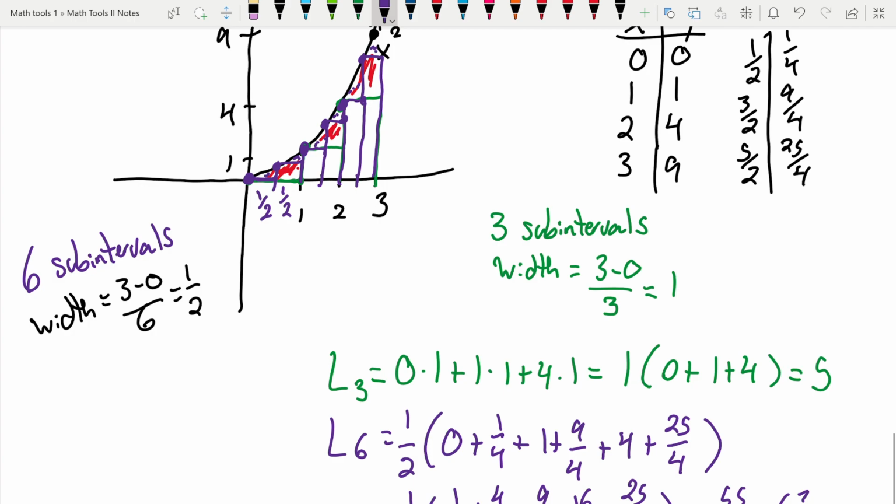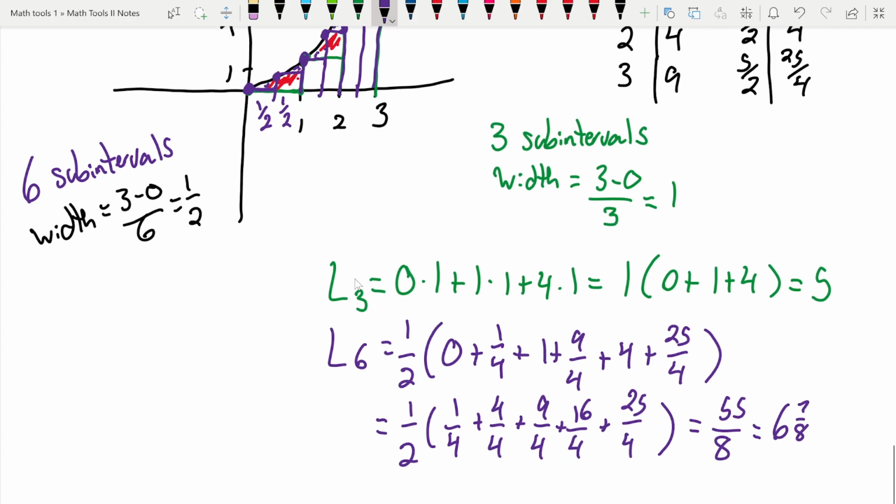So essentially the idea is if we keep making these subintervals smaller, then our approximation is going to get better and better.